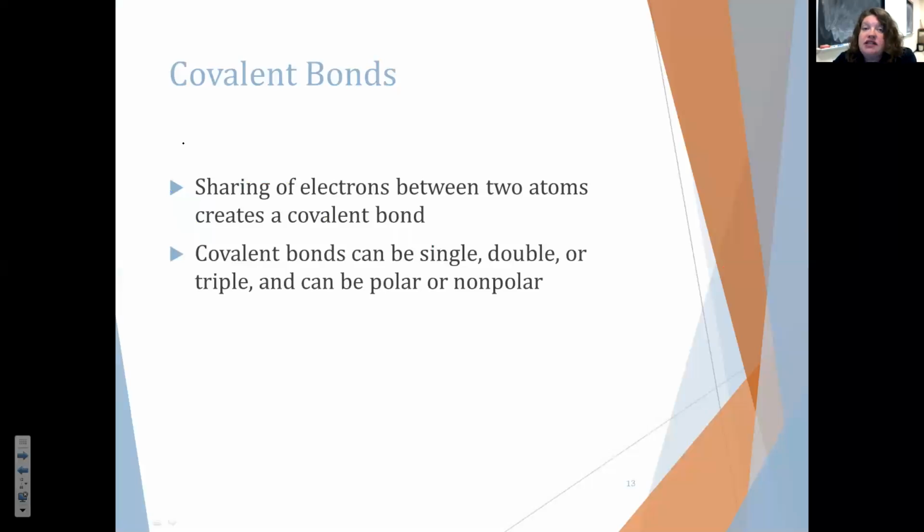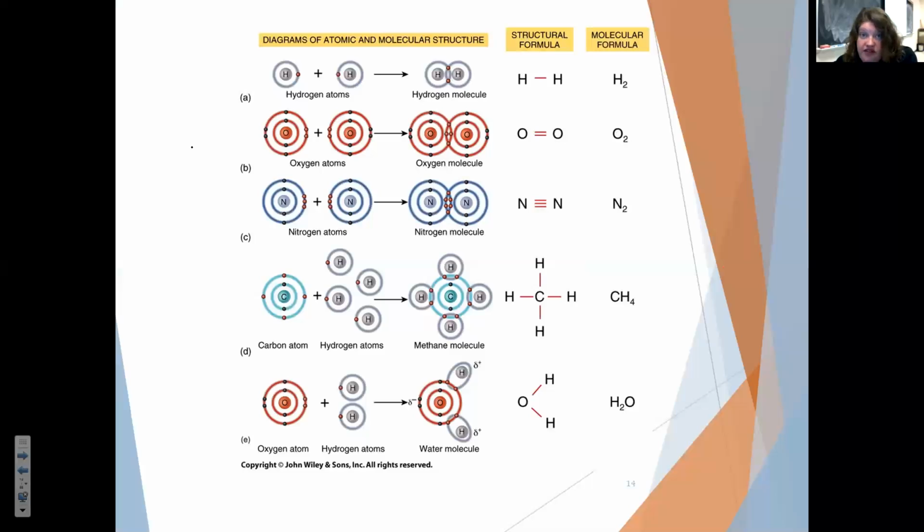It's still trying to complete that outer electron shell. So instead of fully giving up or taking on an electron, sometimes we can share electrons between 2 atoms to create what we call a covalent bond. And so here's an example of some of those that take place.